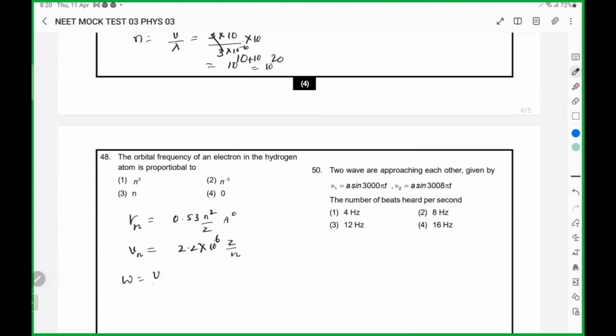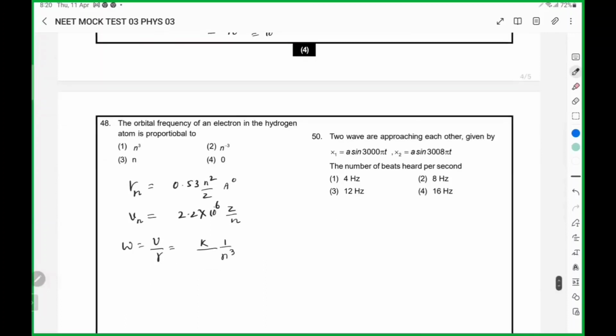Orbital frequency is v by r, some constant times 1 by n cube. So that is 2 pi f equal to some constant times n power minus 3. So the frequency is proportional to n power minus 3.